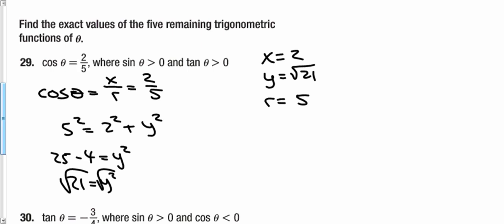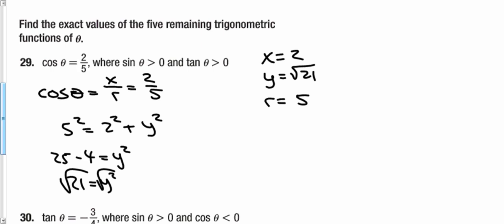I don't want to write them all, but just realize that when we do anything with y in the denominator, you're going to have to rationalize the denominator. So sine would be y over r, which is going to be radical 21 over 5.